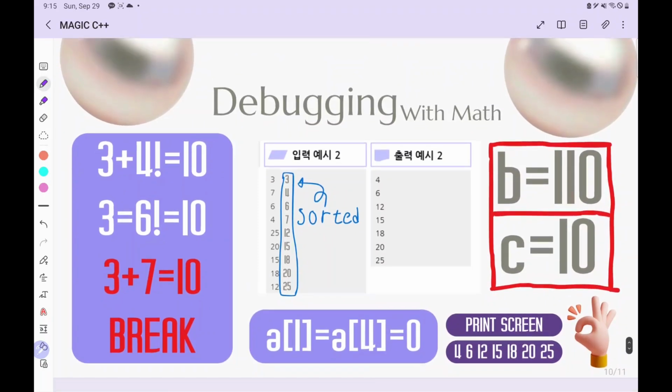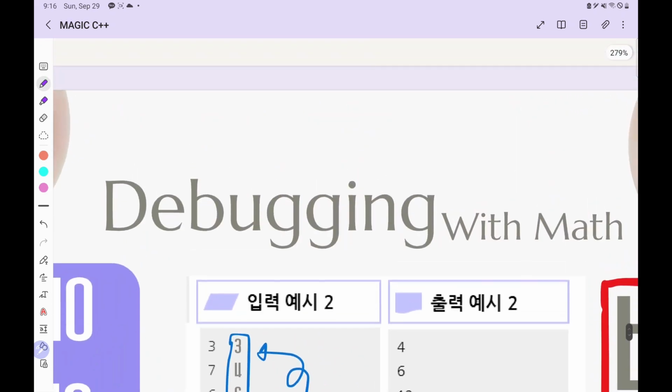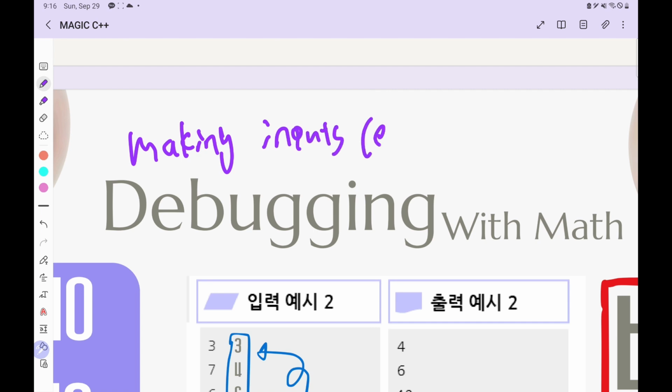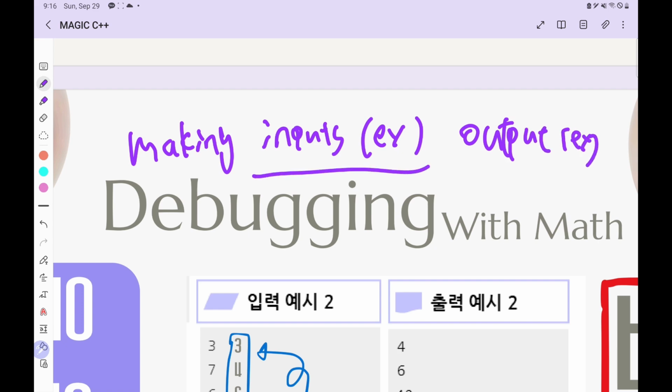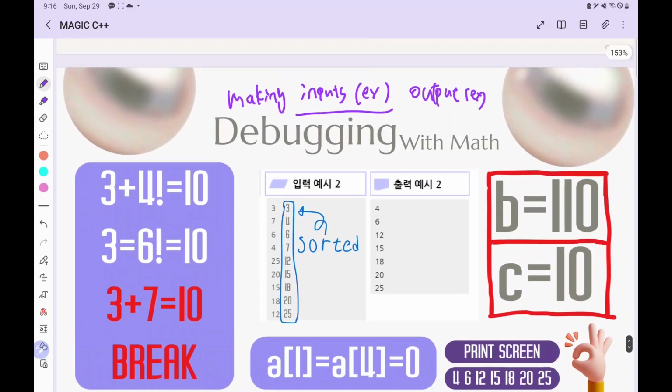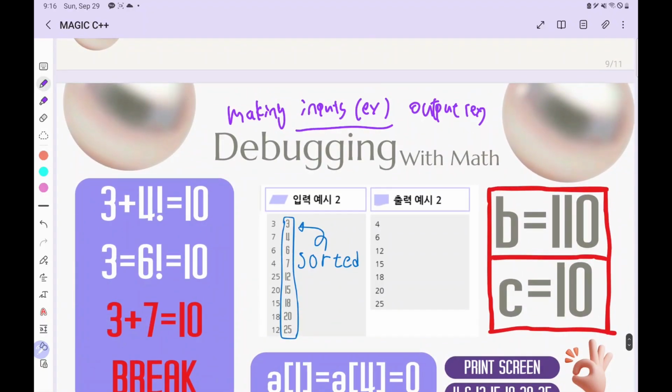So, debugging with math, you're probably not sure what debugging means, but this means making inputs, examples, and outputs, and we put the inputs with math or in the mind by writing like this, and then see if the output is correct.